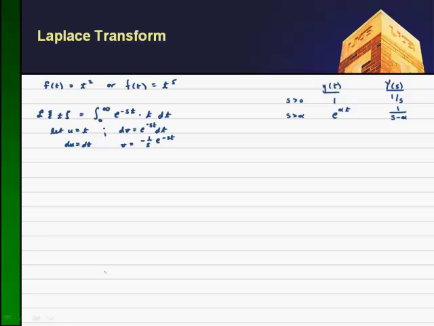Let's write it below here. I'll write uv, so I get t times the negative 1 over s, a minus t over s e to the minus st, evaluated from 0 to infinity, minus the integral of v du.